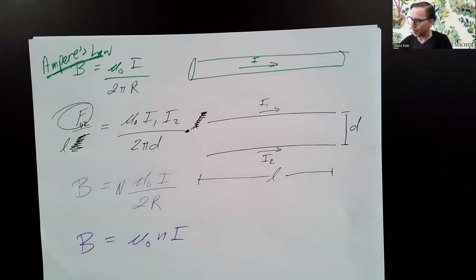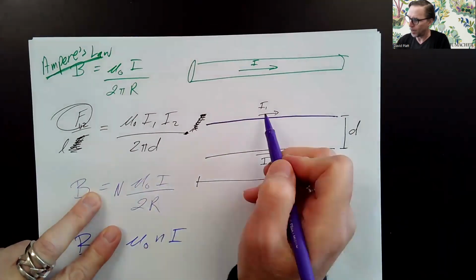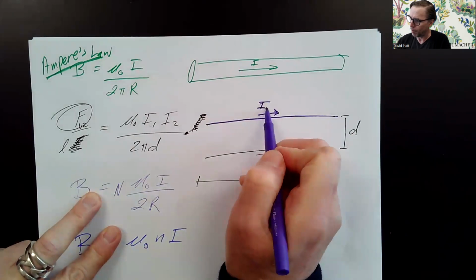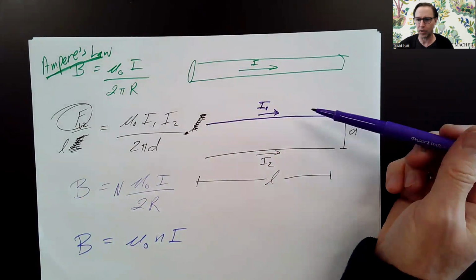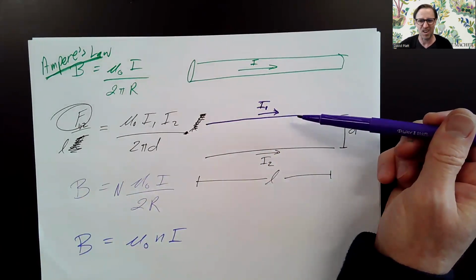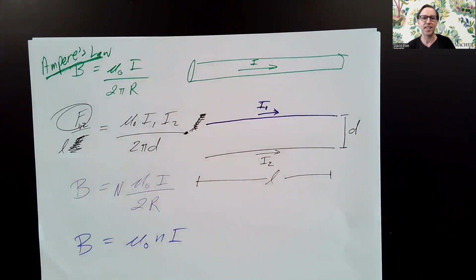I'm going to make this top wire purple, just for fun. Let's think about the magnetic field created by the purple wire. What direction is the field created by the purple wire?